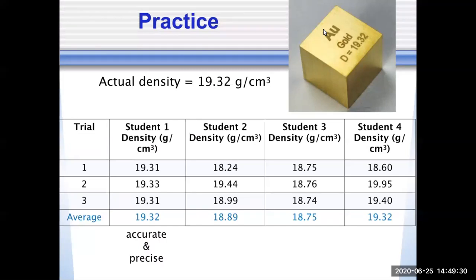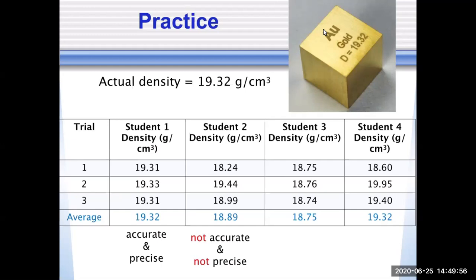You're looking at student number 2. Here are your 1, 2, 3 measurements, and they're not close together. Here's a low measurement, here's a high measurement. The average is not close to the true value. And so we're not seeing accuracy or precision in this example.